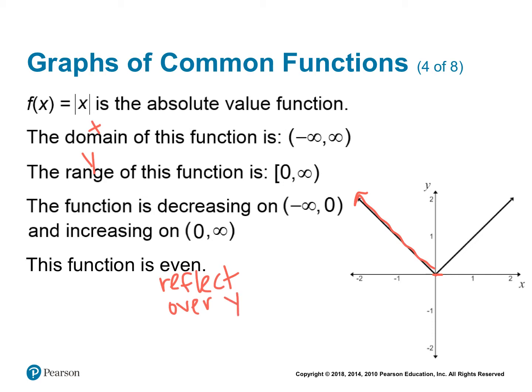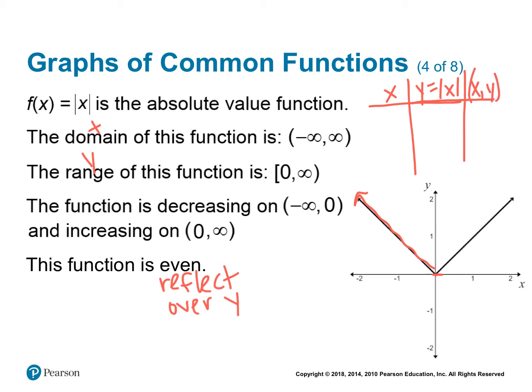If you ever forget what these should look like, you could always make a table of values and then plug it in. So instead of f of x, I put y, but you could put an f of x there if you wanted. And then your coordinate pair.